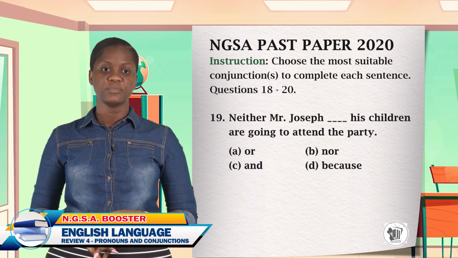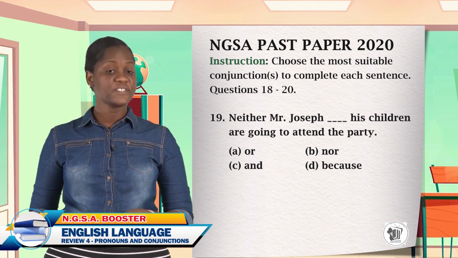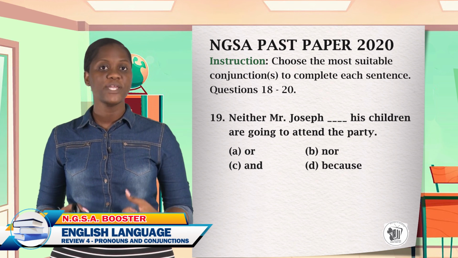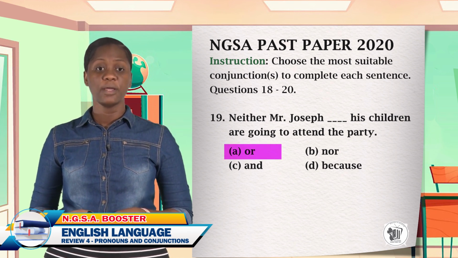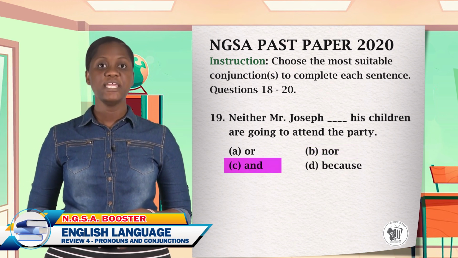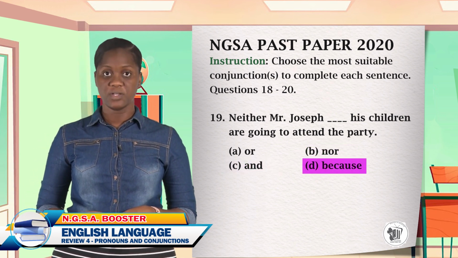Number 19. "Neither Mr. Joseph ___ his children are going to attend the party." Options, A, or, B, nor, C, and, D, because.